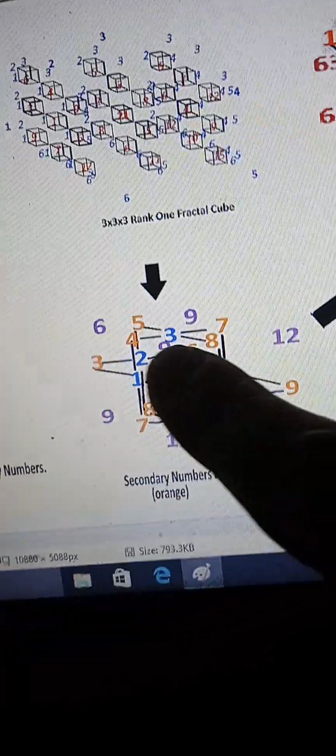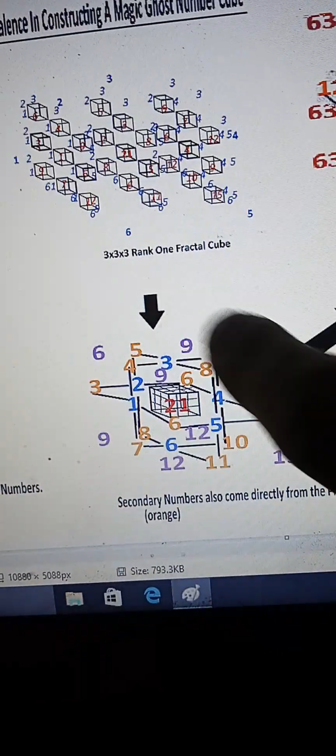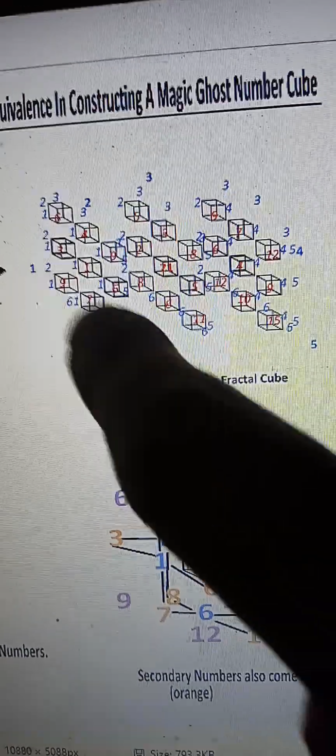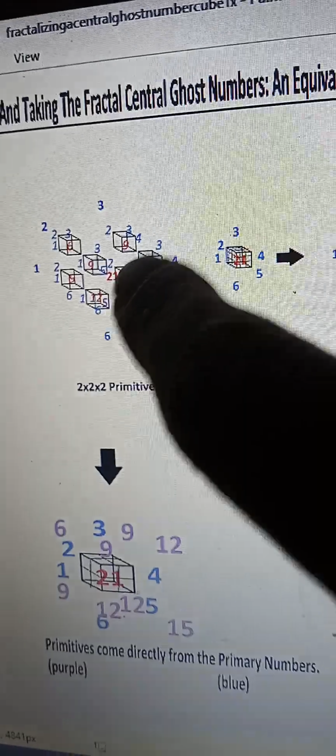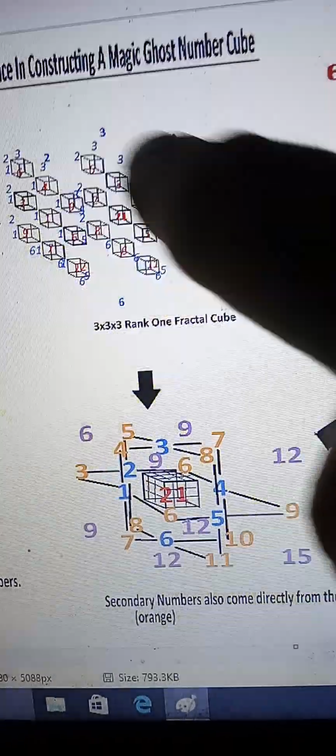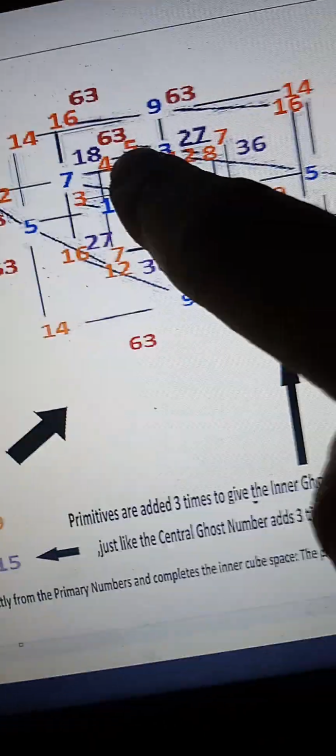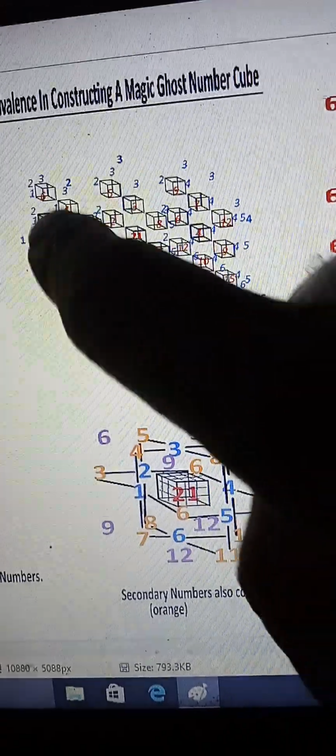And this is a primitive cube that's based on this fractalization of rank 1. It's not just a primitive. It also gives the secondaries. It completes the inner space, the inner cube. And that's why I call it a rank 1.